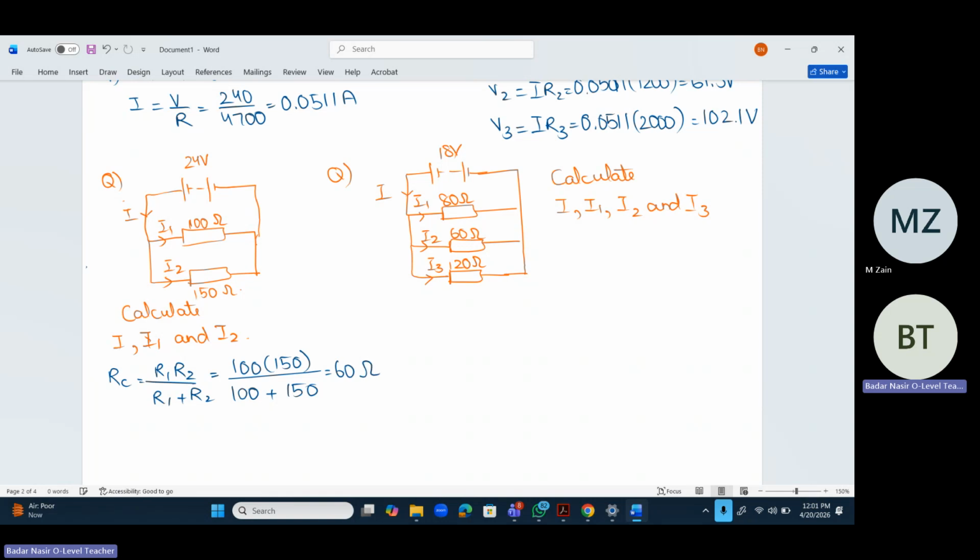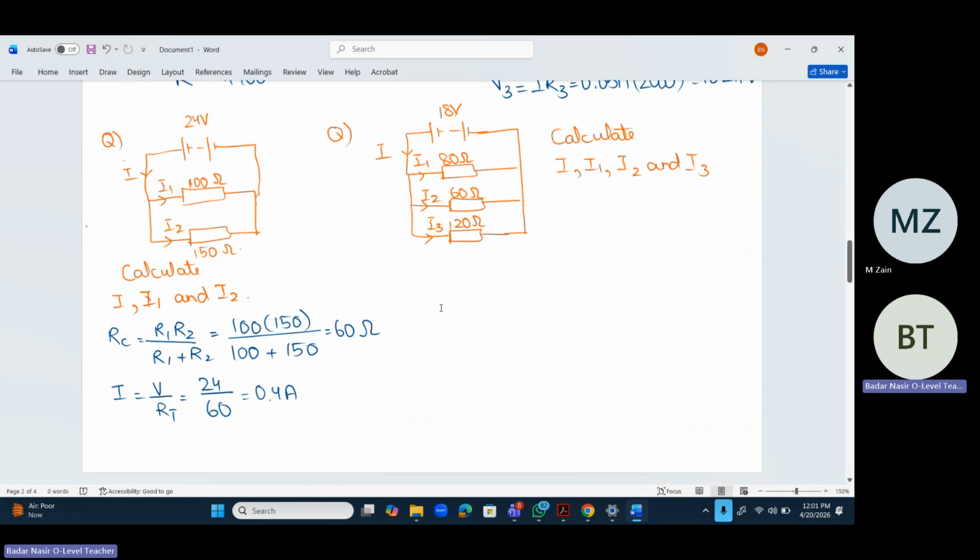So this is the total resistance of the circuit. Now for the total current, we use total voltage over total resistance. Total voltage is 24 divided by 60, which is 0.4 amperes.